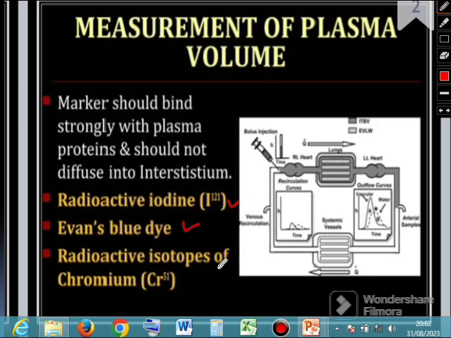So these biomarkers can be used to measure the intravascular fluid compartment of body fluid.